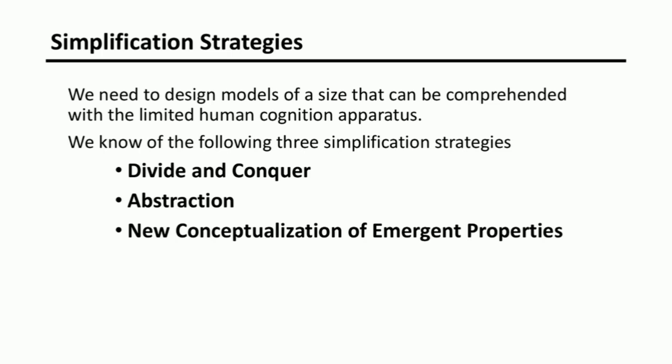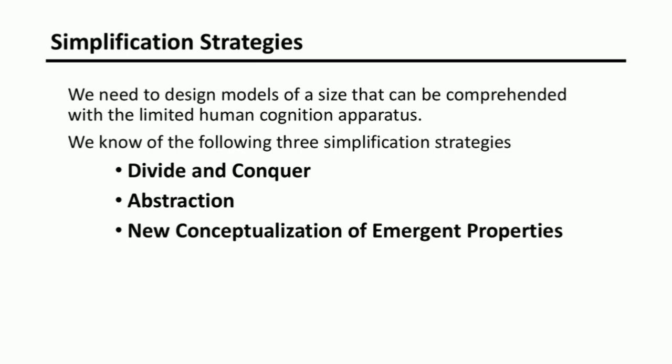And I think there are a number of techniques to simplify a large model. There is divide and conquer, abstraction, and new conceptualization. These are three related techniques, but they are fundamentally different. By far the most important of the three is the divide and conquer technique.